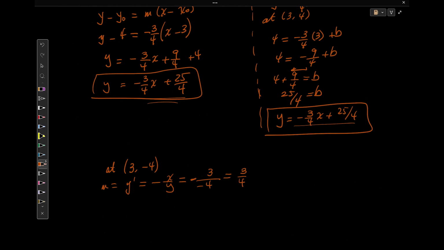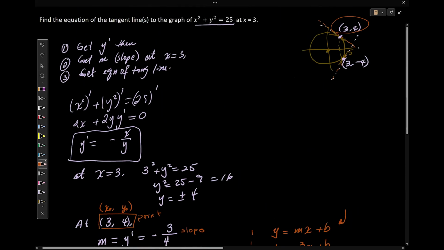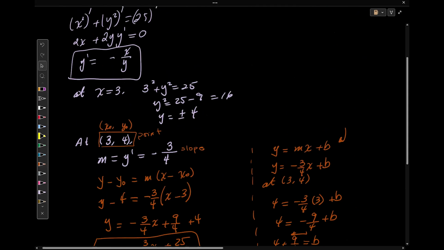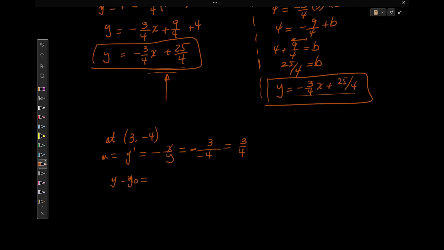That is positive, which is exactly what we thought would happen, a positive slope line. Same approach. I'll use this one right now. Again, y minus y0 is m times x minus x0.